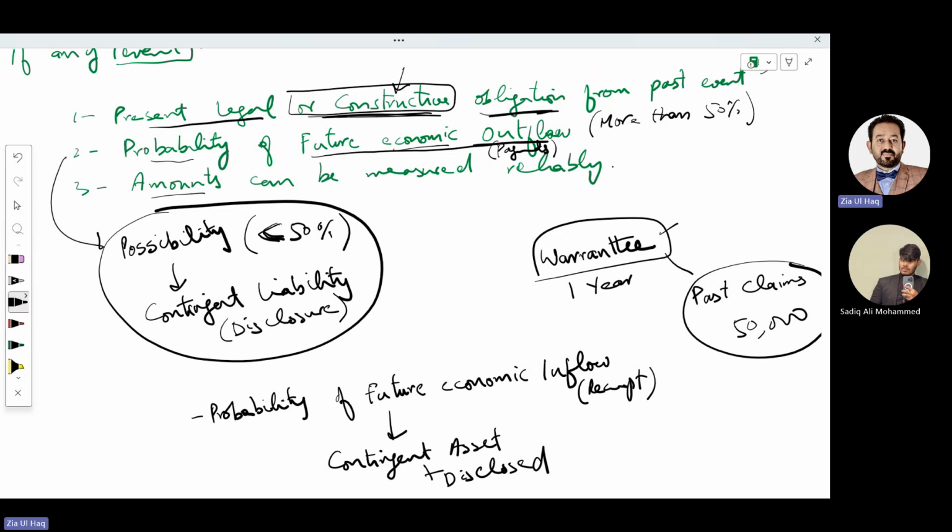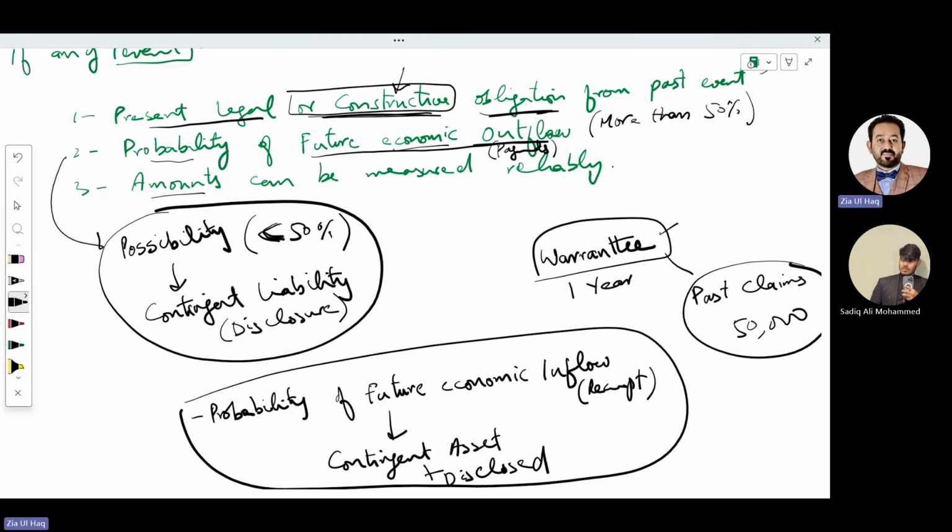So in case of possibility of future outflow, it is a contingent liability, not probability, possibility. But in case of probability of future inflow, contingent asset should be disclosed, not a possibility. In case of contingent asset, there should be probability of inflow, meaning we have sued others and there are more than 50% chances we will recover the amount.